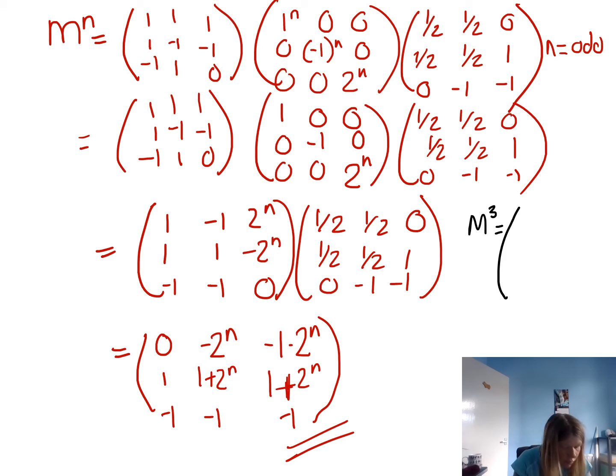The matrix M, yes. 0, 2, minus 3, that's minus 2, 1, 3, 3, minus 1, minus 1, minus 1. So if you put that in your calculator, however you like to do it.